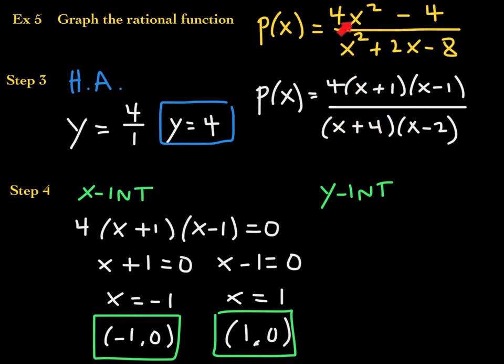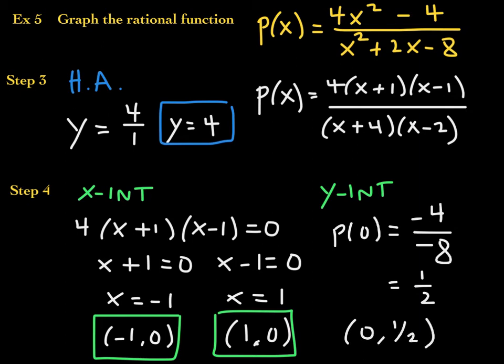So when you plug in 0, all these variable terms go away. You're left with -4 over -8. So P of 0 would give me -4 over -8, which simplifies to 1/2. So the y-intercept is (0, 1/2). Okay? So these are all of your intercepts.